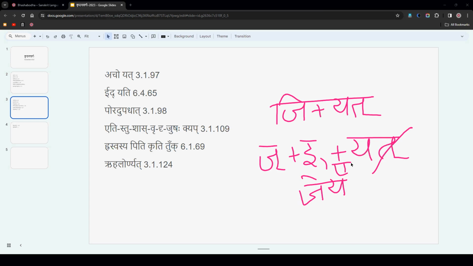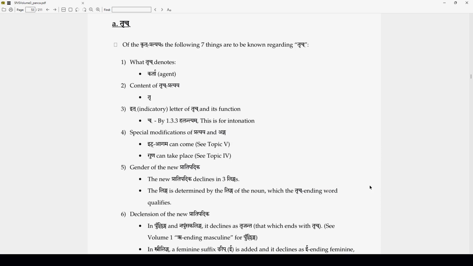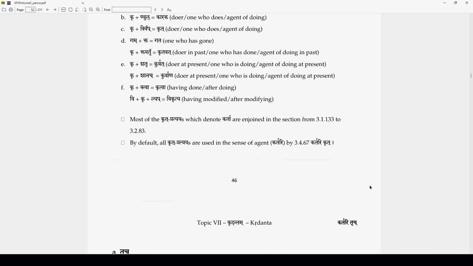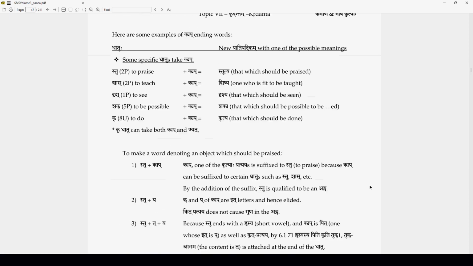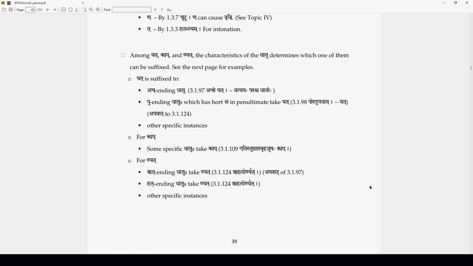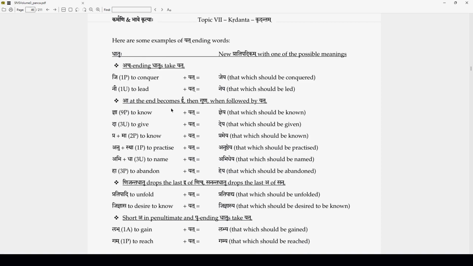Anyway, there are many examples here. If you check the book, ji plus yat jeya, ni plus yat neya, da plus yat deya.